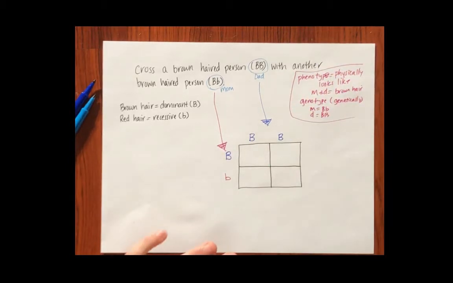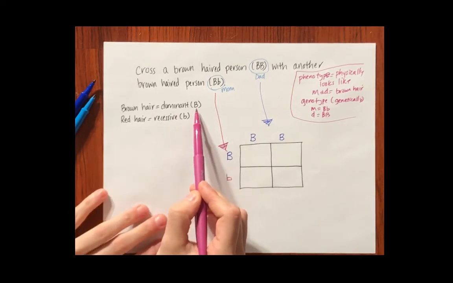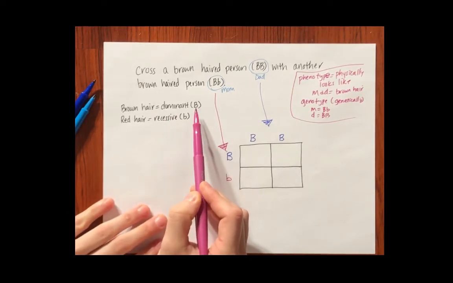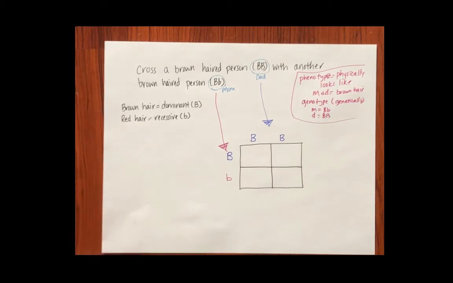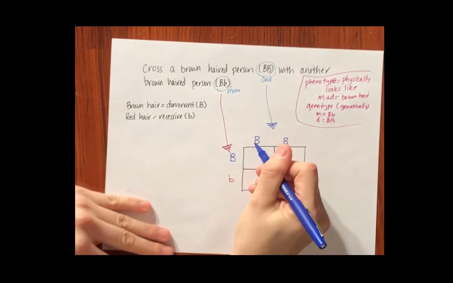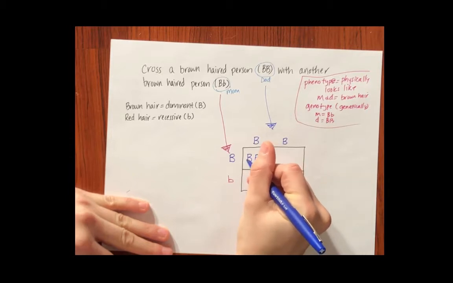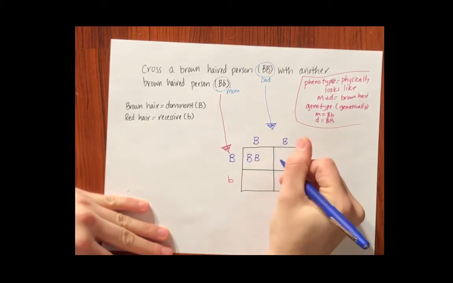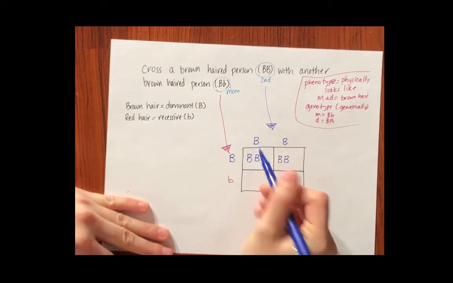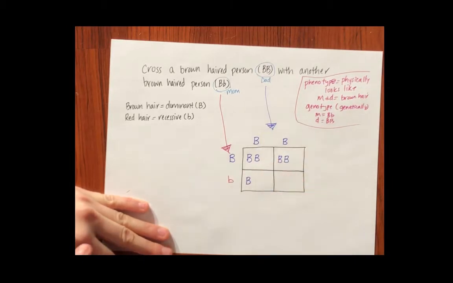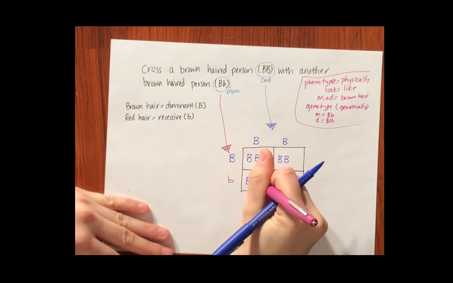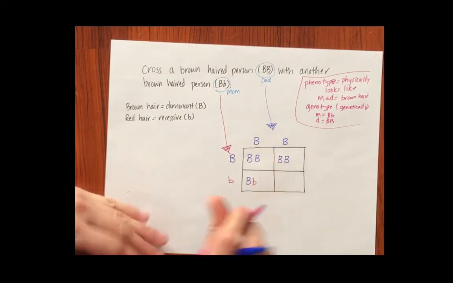And we know that brown hair is dominant, so it's always going to trump everything, and red hair is recessive. So if I cross these two, I'm going to take big B from dad and big B from mom. Here I'm going to take big B from dad and big B from mom. And here I'm going to take big B from dad and little b from mom.